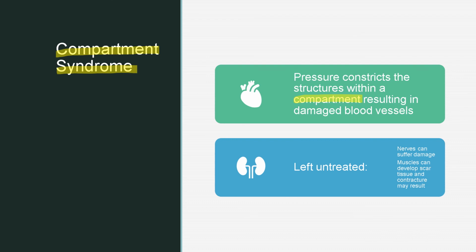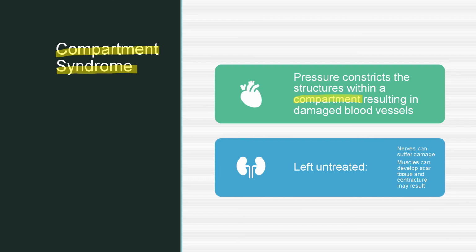Now, one treatment is called a fasciectomy. This is a surgical procedure where the muscle fascia is cut to relieve pressure. Now, if left untreated, compartment syndrome can result in really severe tissue and nerve damage.